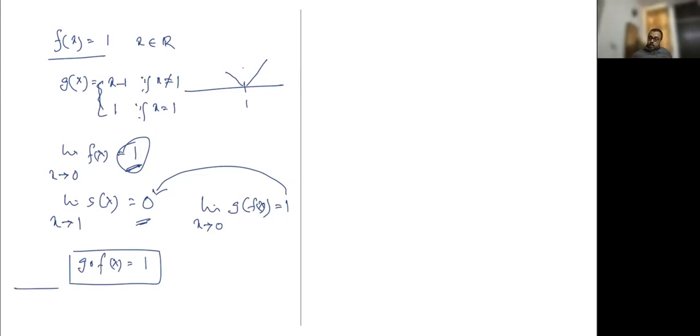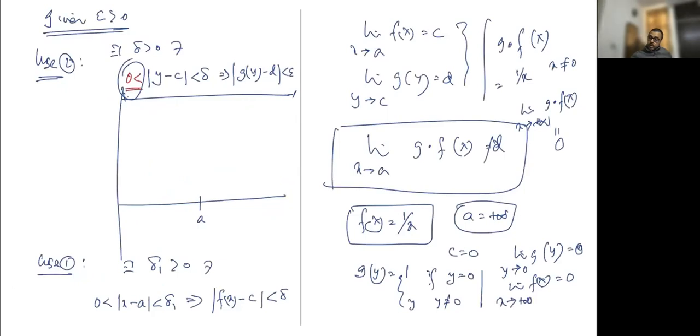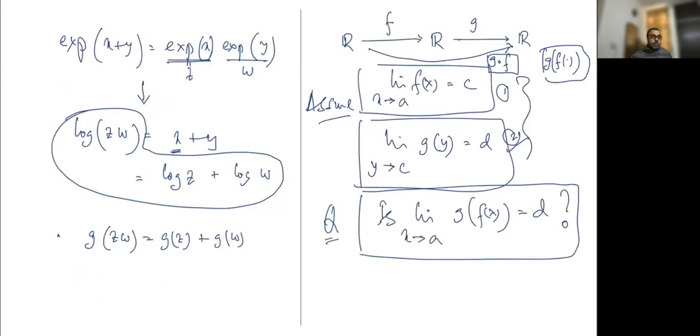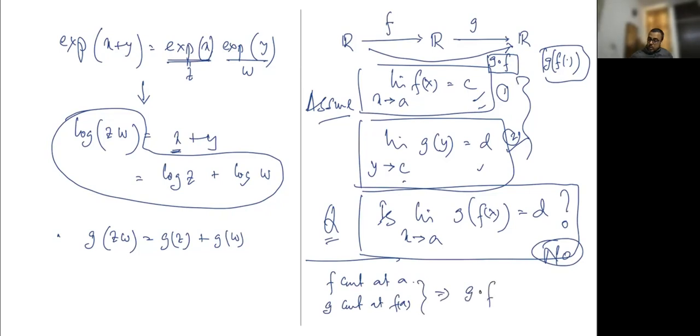Now you can go back to the statement and see. I think I'm way over time, so maybe I'll just stop. Instead of just these two limits, if you have continuity of f at a and continuity of g at c, then the answer is no, but f continuous at a and g continuous at f(a) would give you g composed with f continuous at a.